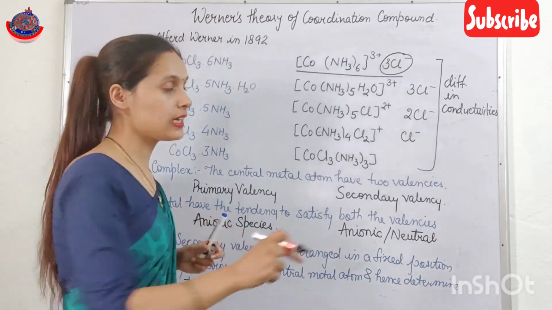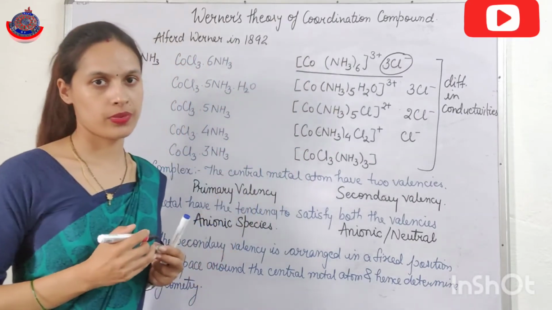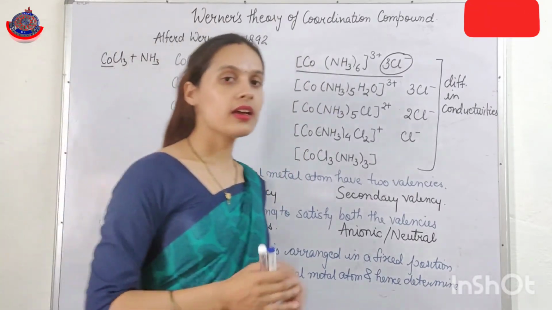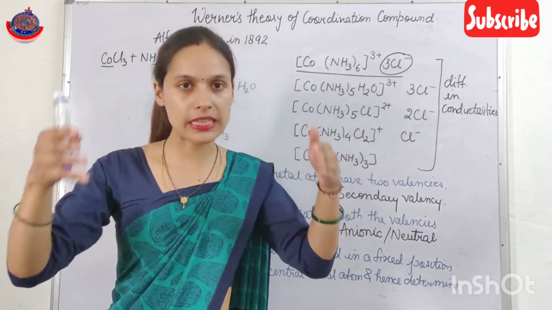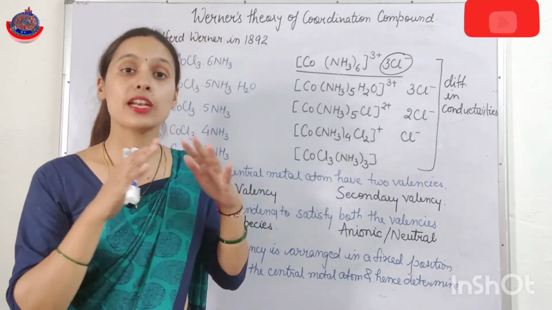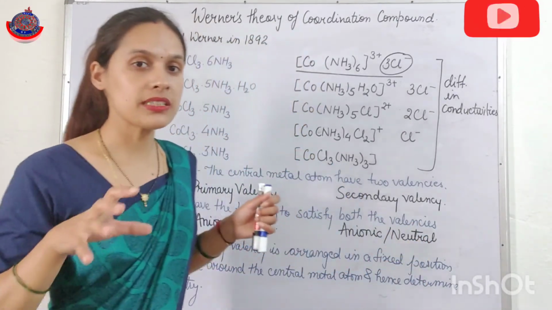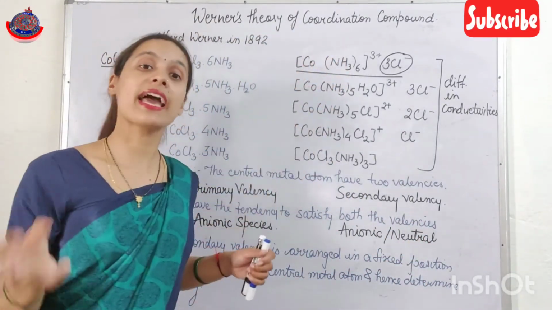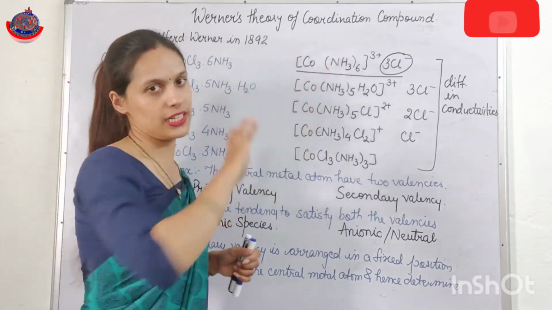But we didn't get the property of the Co3+ and NH3. It means when the complex is present, means when the atoms are present within the coordination sphere, they lose their identity. It means this complex behaves like a complex. It doesn't behave like a Co3+ or NH3.